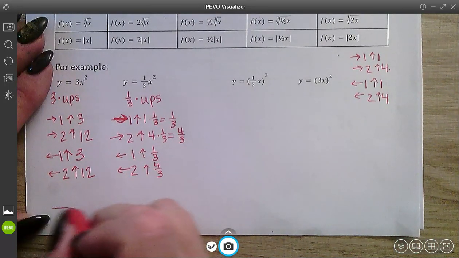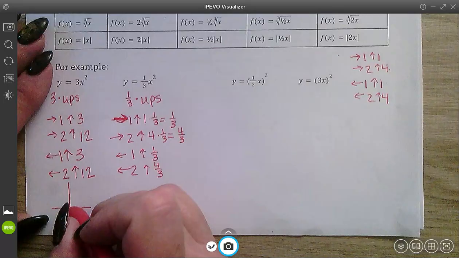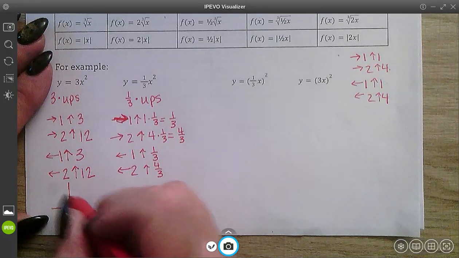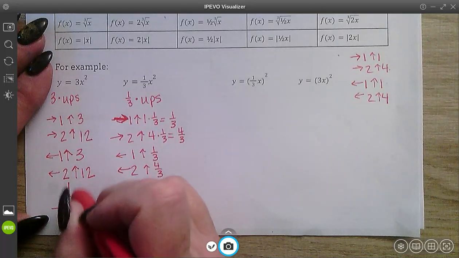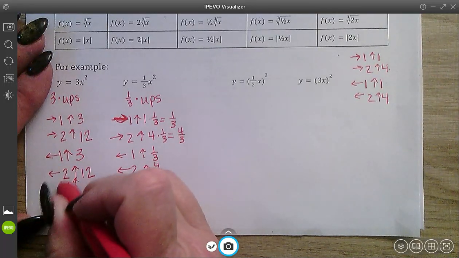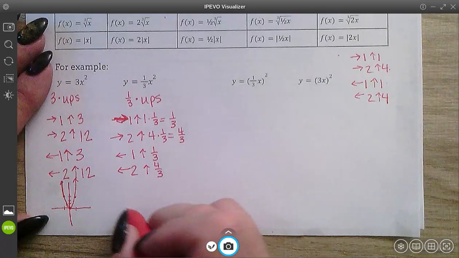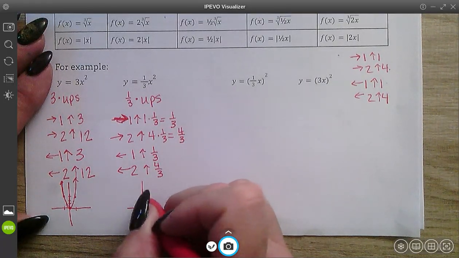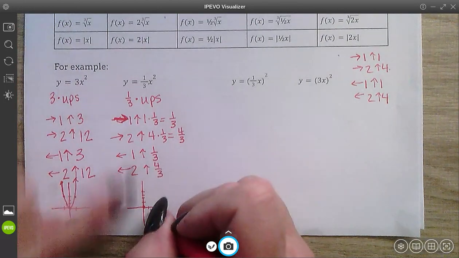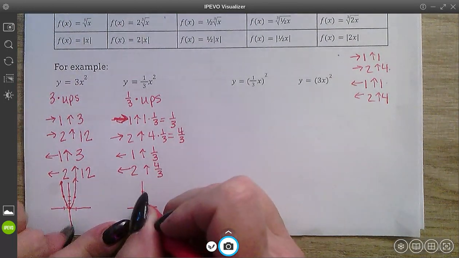So what this does to our shape is if I'm multiplying all my ups by 3, the graph gets taller and skinnier. But if I'm multiplying all my ups by 1/3, all of my points get shorter and squattier.